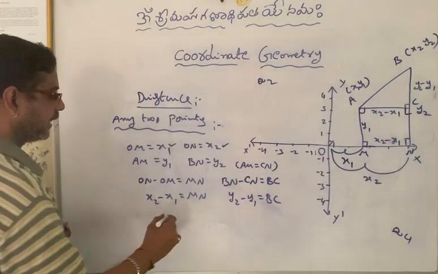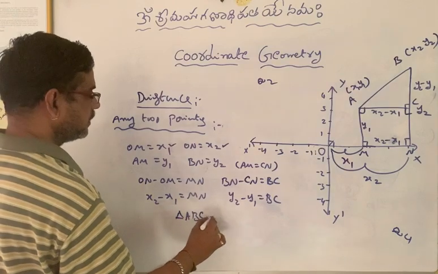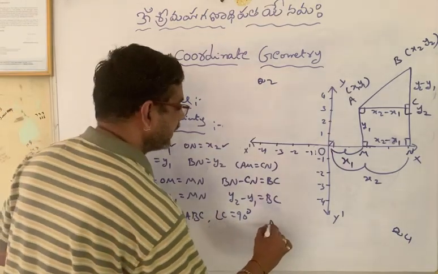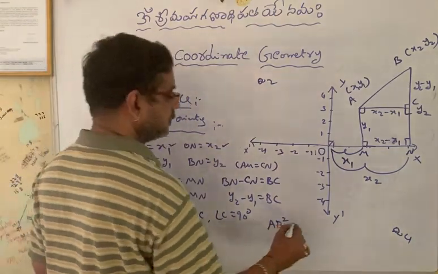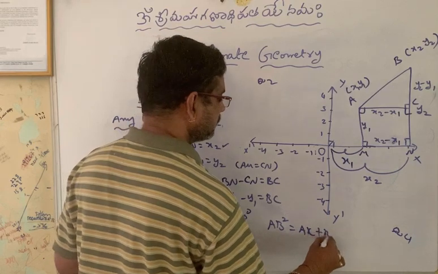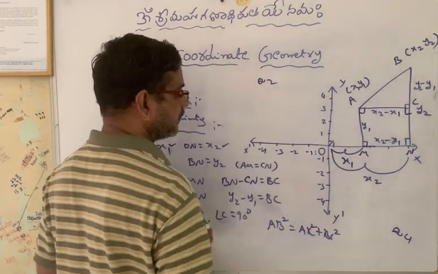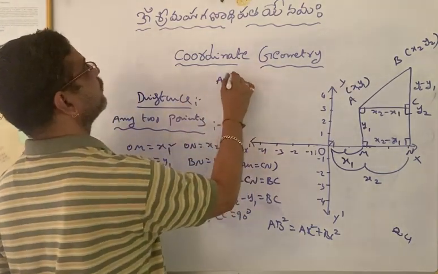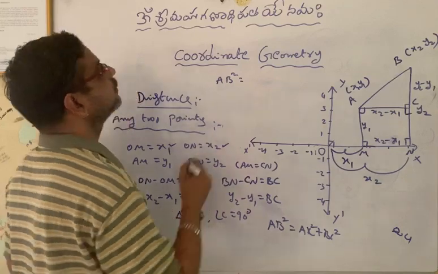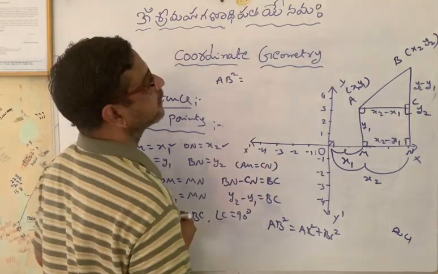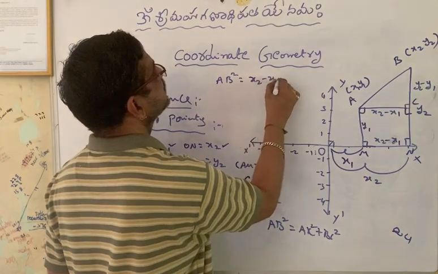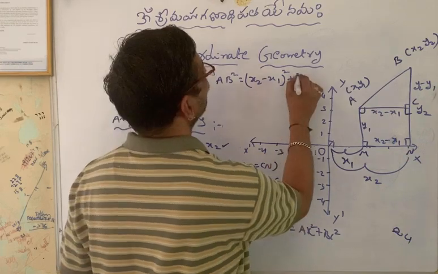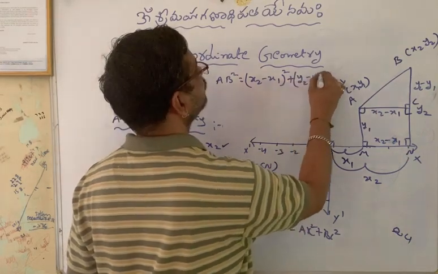Now we know in right angle triangle ABC, right angle at C, AB square is equal to AC square plus BC square. So AB square is equal to AC square, that is x2 minus x1 whole square, plus BC square, that is y2 minus y1 whole square.